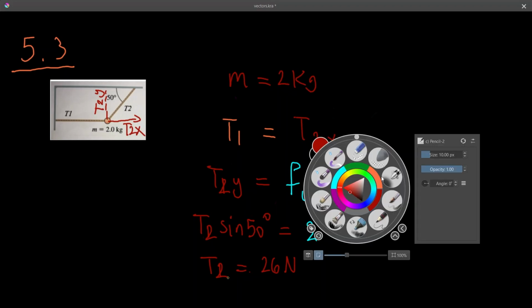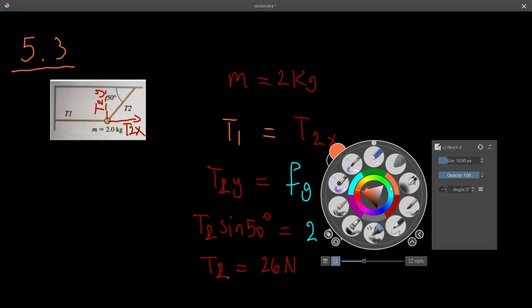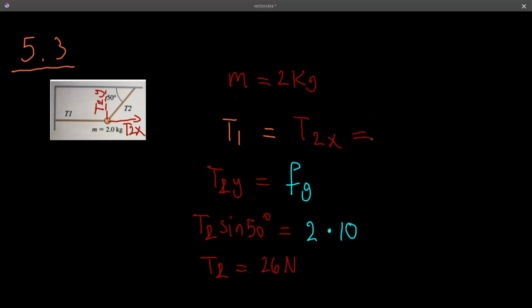So that means that T2x, this entire thing, T2x is equal to 26, which is T2, multiplied by cosine of 50, and that entire thing is equal to T1, which means T1 is equal to 26 cosine 50, which is 16.7 newtons.